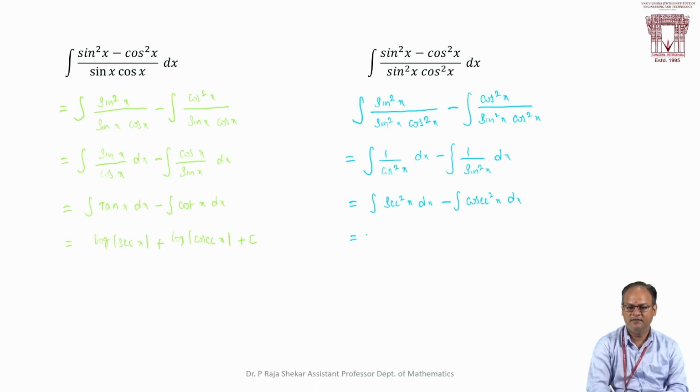The integration of secant square is tan x and the integration of cosecant square is minus cot x. Minus into minus becomes plus cot x. Again, it is the same indefinite integral we are considering, so plus c, the arbitrary constant, is to be added.